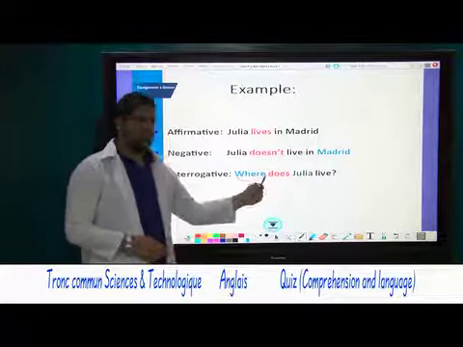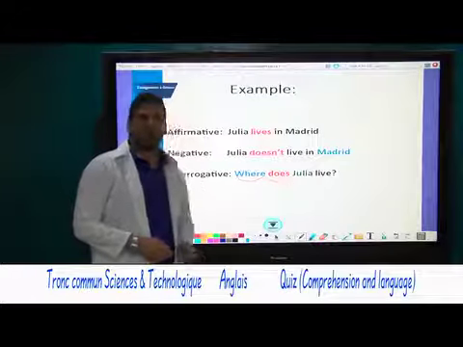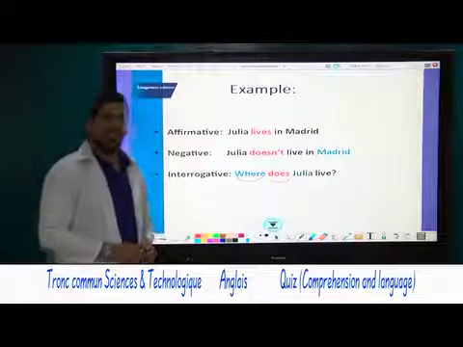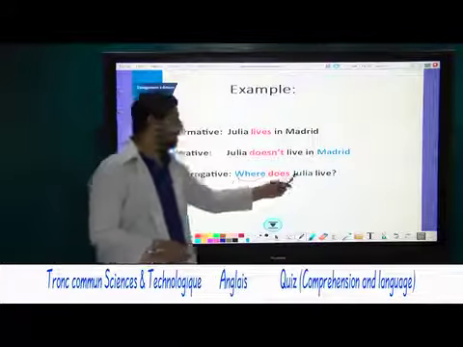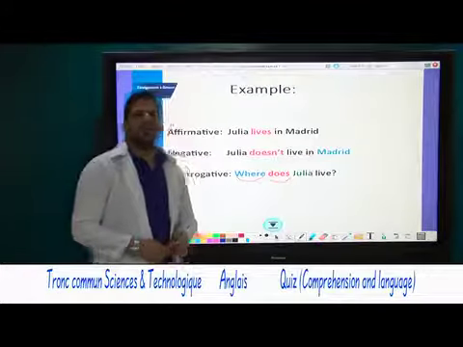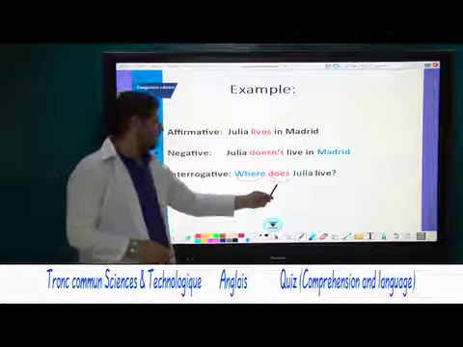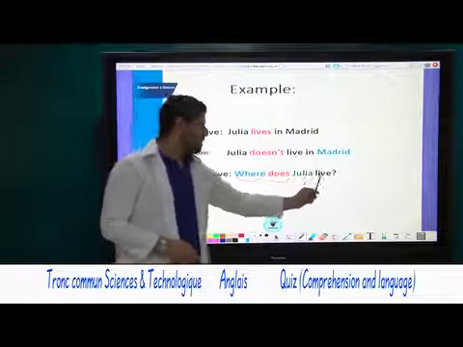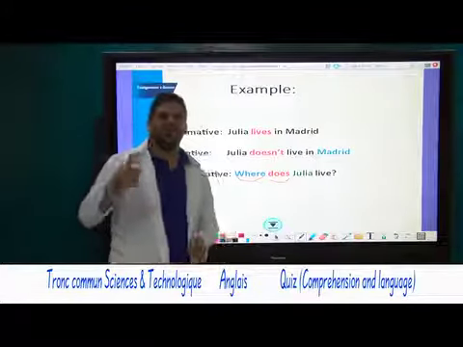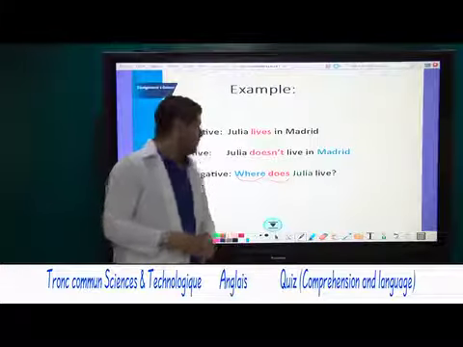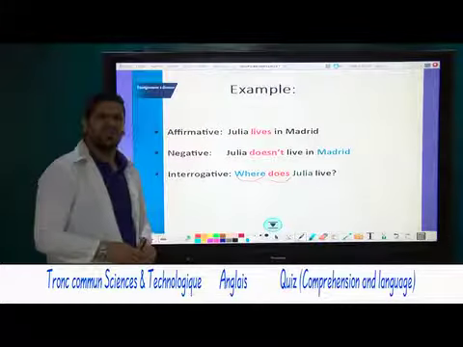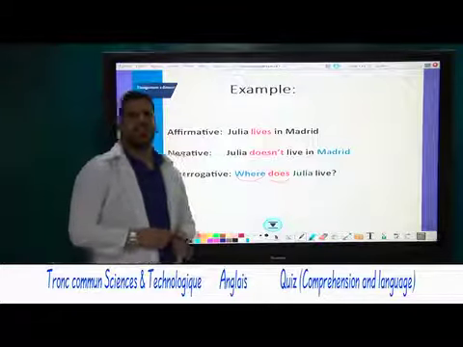And of course, in questions, we need to use the auxiliary. The auxiliary for simple present here is does. So where does Julia live? Remember, question, auxiliary, subject, and verb. So this is the form of the question, okay? So this is the first exercise you will have in the language section.